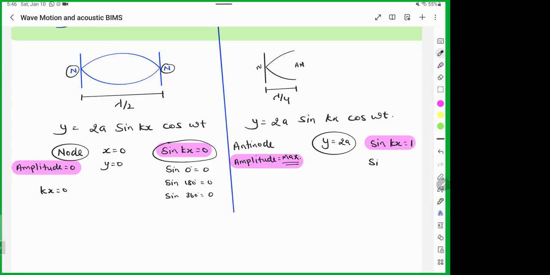Here, sin 90 value is equal to 1. Or the same thing you can write, sin pi by 2 value will be equal to 1. 90 or pi by 2 have the same meaning. By this method, can I say your kx value is equal to pi by 2?